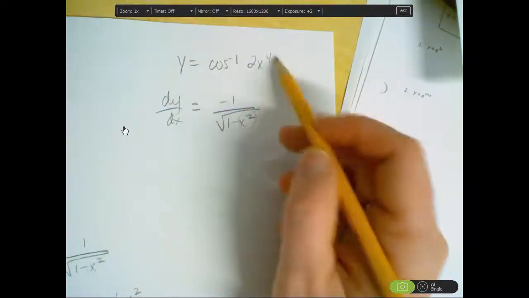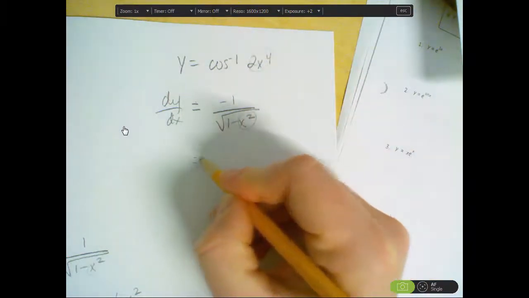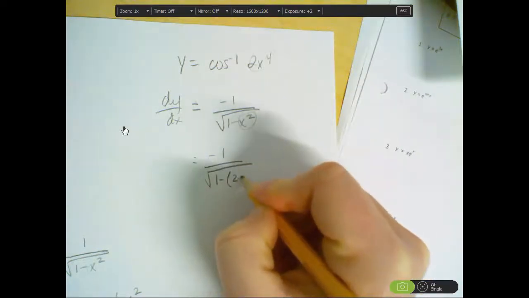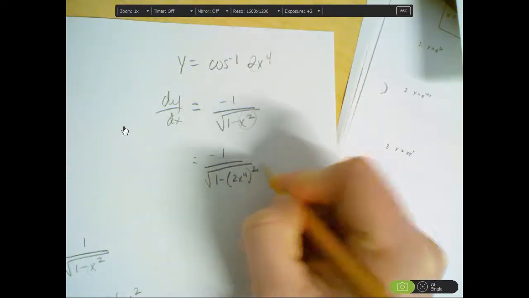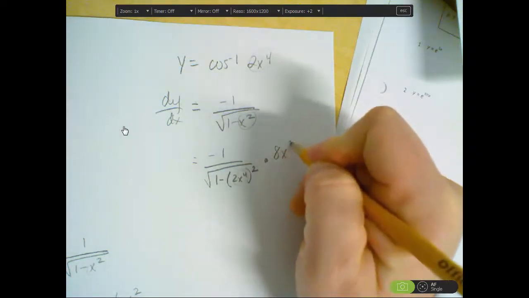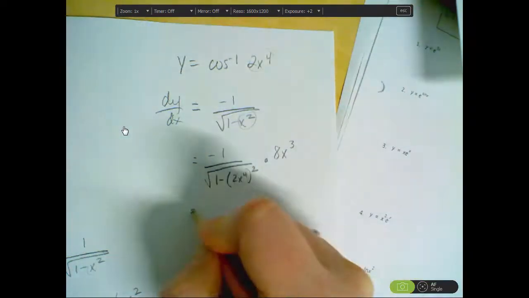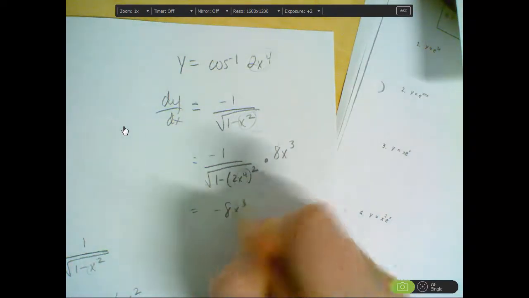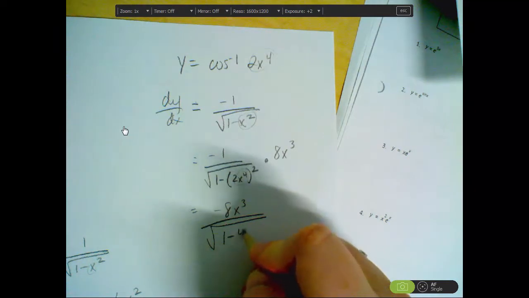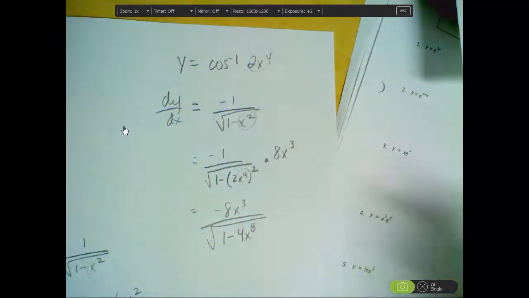But again, in this case, x is 2x to the 4th. So dy dx is negative 1 over the square root of 1 minus 2x to the 4th squared times derivative of the inside, 8x cubed. Final answer, negative 8x cubed over square root of 1 minus 4x to the 8th.